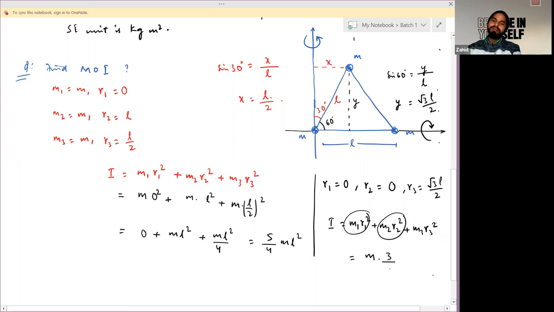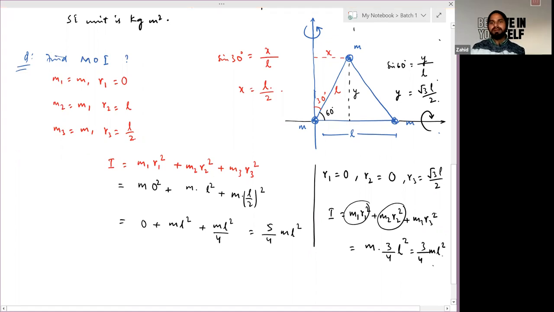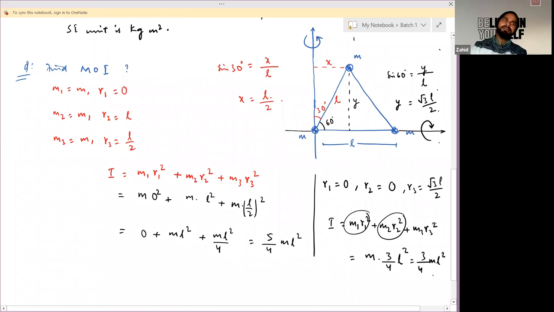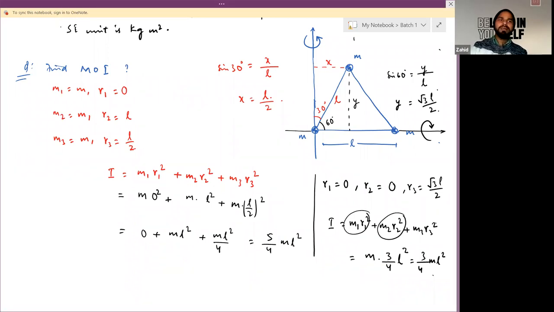On squaring, it will be 3 by 4 L square. So you'll get 3 by 4 ml square. Is it clear? Yes, sir. Hamza, is it clear? Yes, sir.